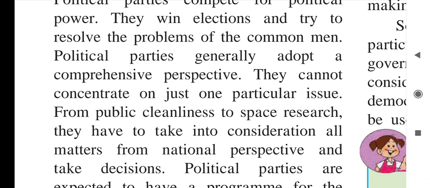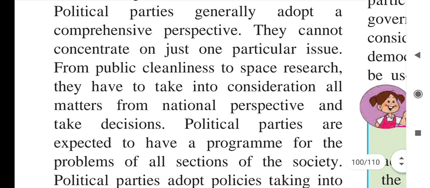So here they are saying that when political parties win the elections, they have to solve all types of problems, whether related to farmers, public cleanliness, or space research, including all matters. Political parties have to take decisions and solve them.